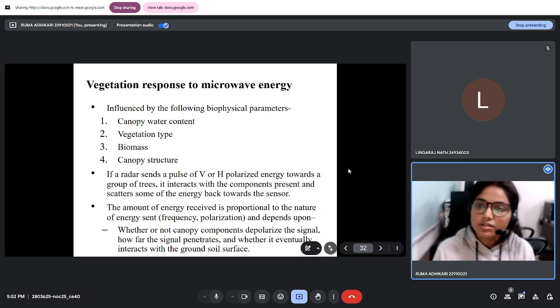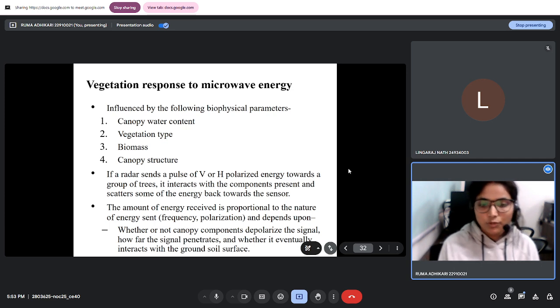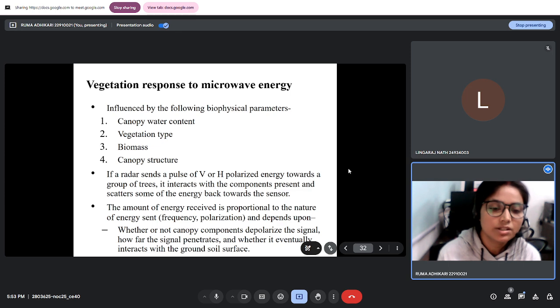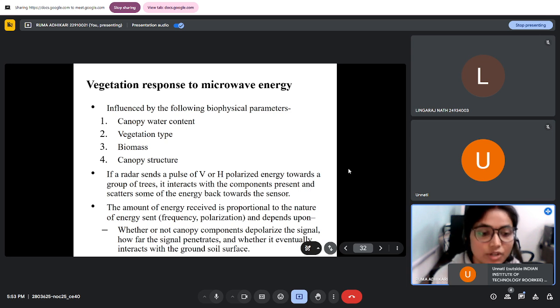So vegetation responds to our microwave energy. It is influenced by the following biophysical parameters: vegetation, that is, canopy water content. Now we know polarization, when it hits the target, is sensitive to the target's water content, its orientation, its material property, its roughness.